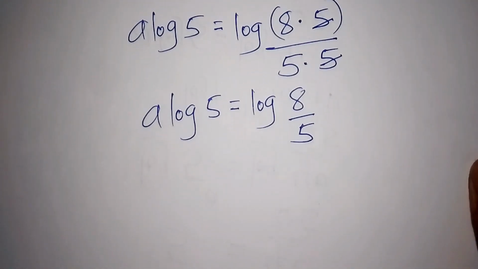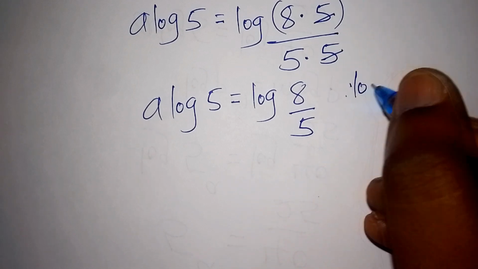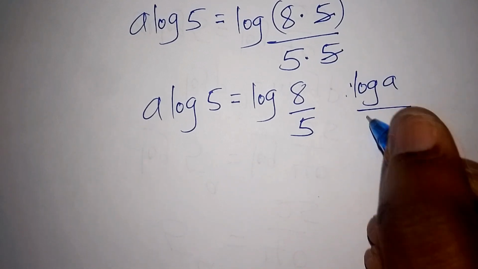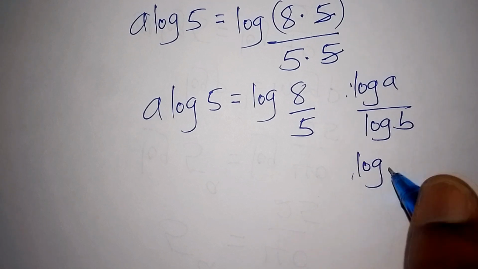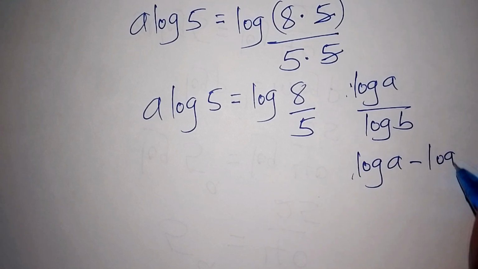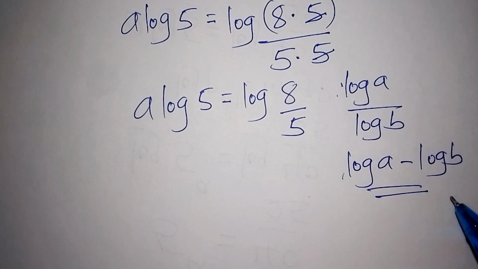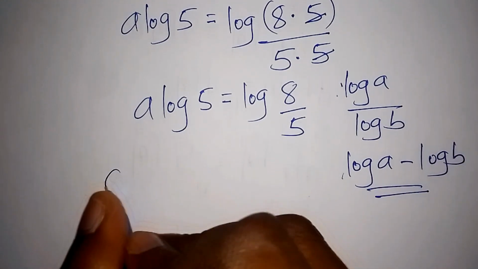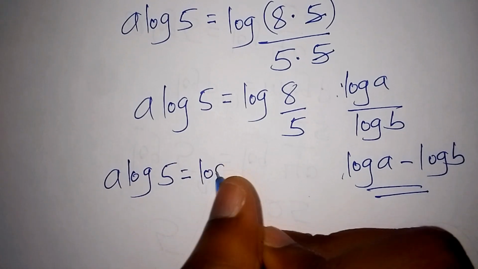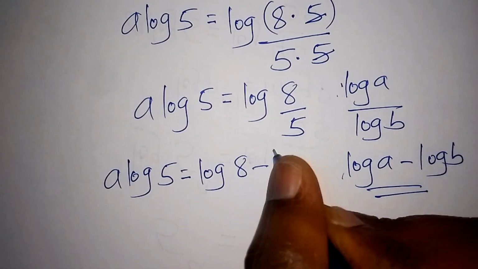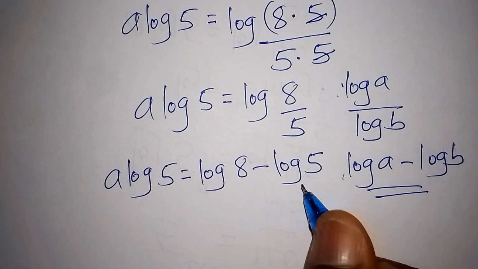When you have the log of a over b, this can also be written as the log of a minus the log of b. So a log 5 can be written as the log of 8 minus the log of 5.